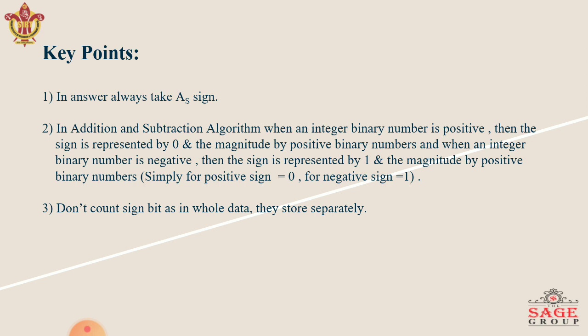Simply, for the positive number we use 0 and for the negative sign we use 1. And the third key point is don't count the sign bit as part of the whole data. They are stored separately in AS and BS. Just remember these points for solving the questions.